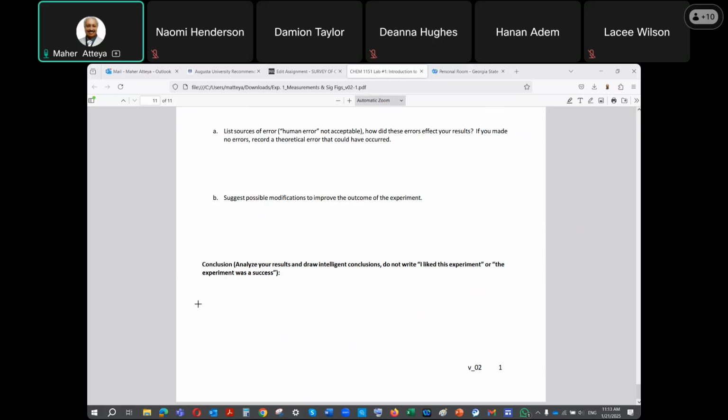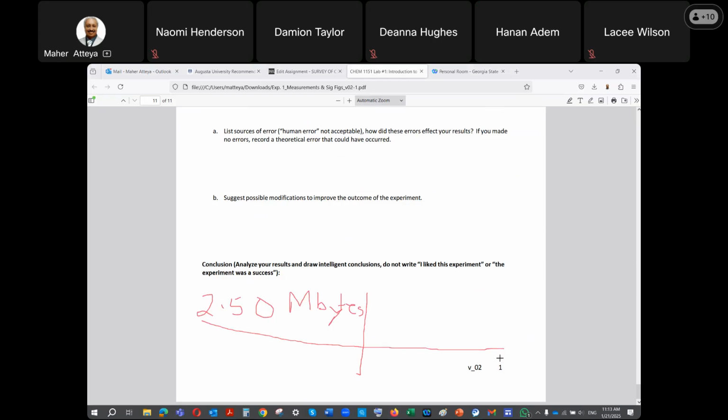So we have 2.50 capital M bytes. I put megabytes at the end so I can cancel it. Okay, so megabytes.